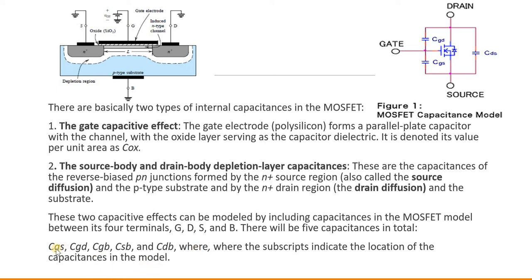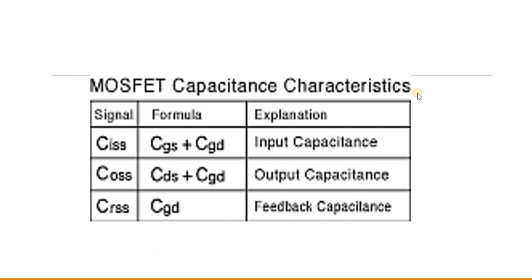That is, the capacitances occur between the gate and the source, gate and drain, gate and body, source and body, drain and body. This picture gives a clear view: capacitances between the gate and the drain, the gate and the source, and between the source and the body, and the drain and the body; the gate-body one is not shown.